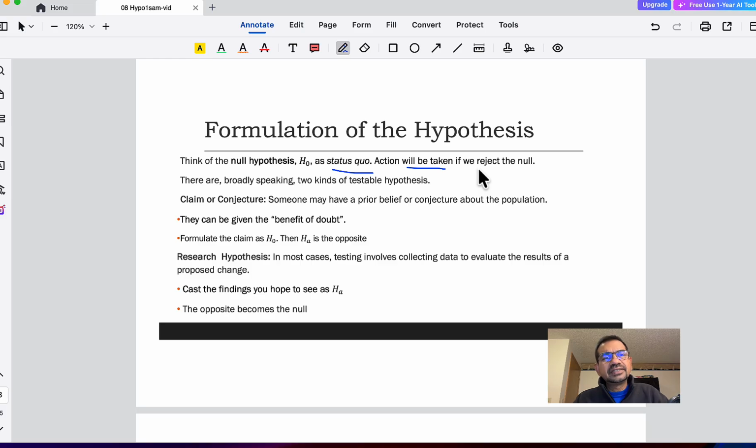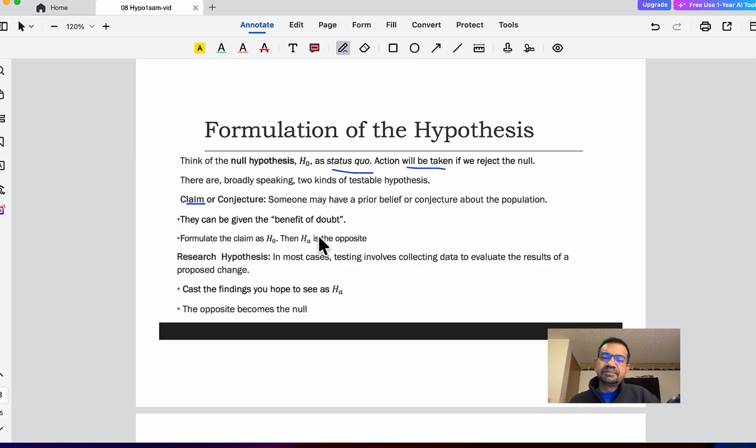In this case, we can say that the null hypothesis denotes the conjecture or the status quo. So here we will start by casting the claim that we have as the null hypothesis. Think of it as giving the one who holds the claim the benefit of the doubt. And then the alternative would be the opposite of that.